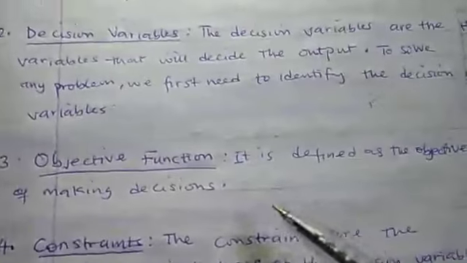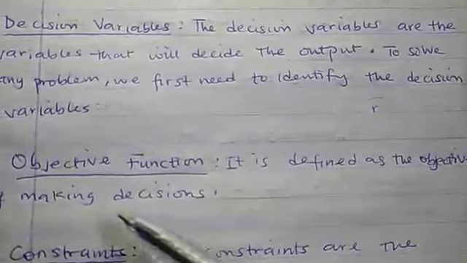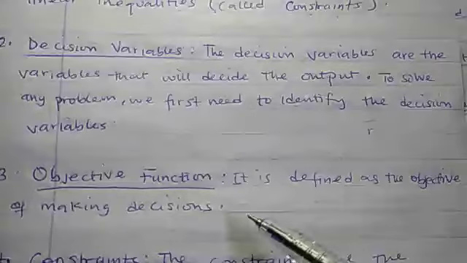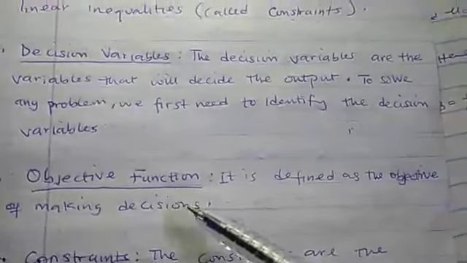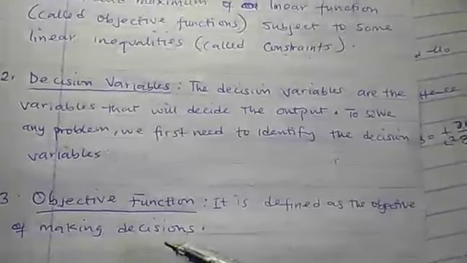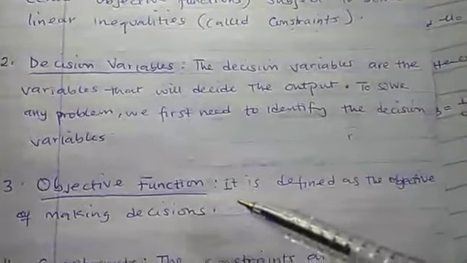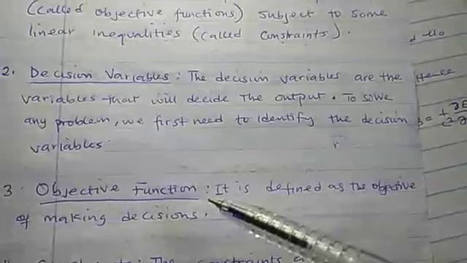Another term is the objective function. The objective function is defined as the objective of making a decision. In a linear programming problem or any problem, we need to define our objective function.